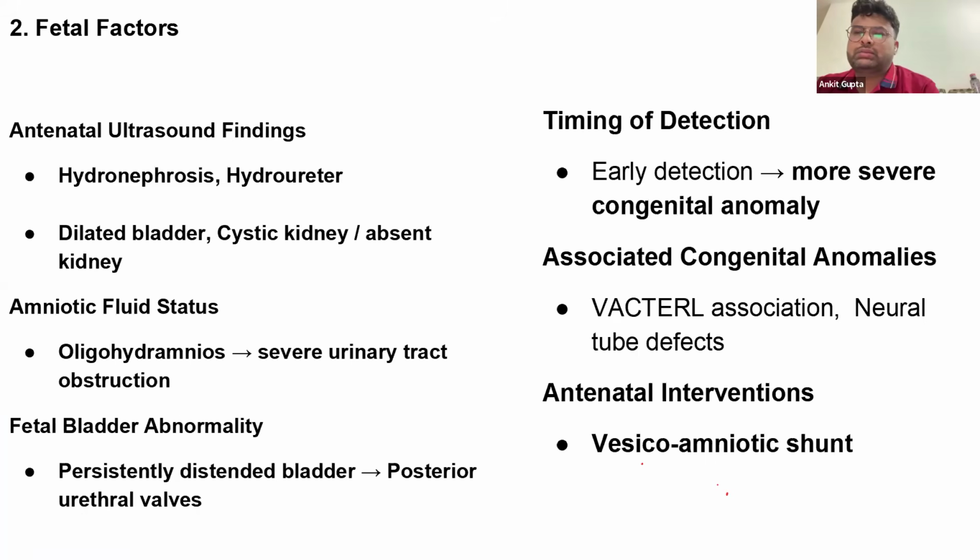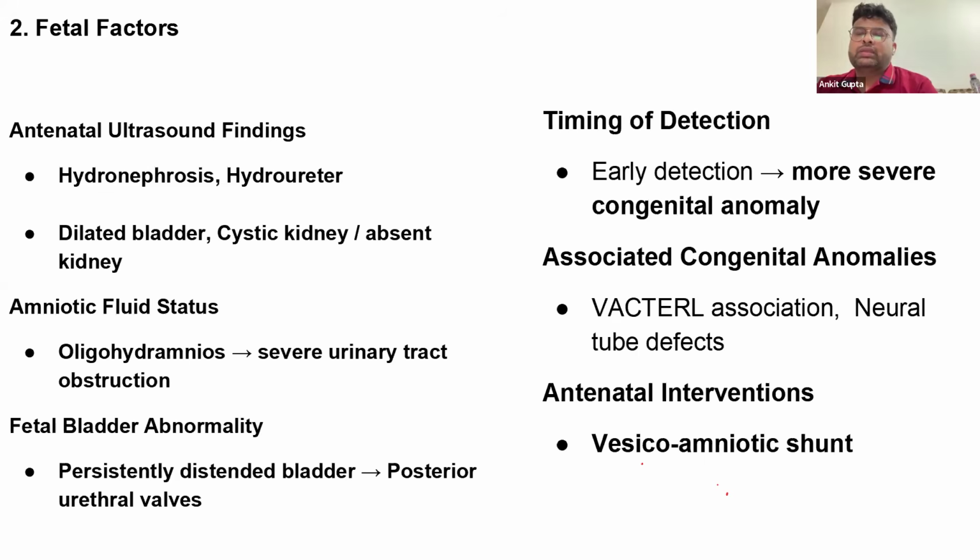In the UTD grading system, it is divided into A1, A2 and A3, depending upon the anteroposterior diameter of the renal pelvis, the thickness and appearance of the renal parenchyma, the status of the ureter and bladder, along with the amniotic fluid, whether there is oligohydramnios, normal amniotic fluid, or polyhydramnios. Then, depending upon the SFU grading, hydronephrosis is divided into 4 grades. Grade 1 has mild splitting of the renal sinuses.